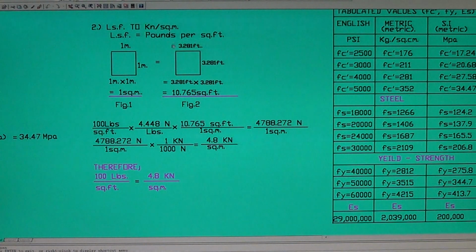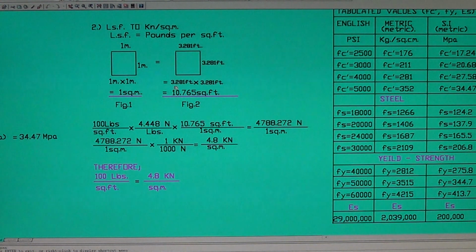You square this. The square footage of this, you multiply that side there by this side here, the square footage of this area here is equal to this square meter area. So 1 meter times 1 meter equals to 1 square meter.